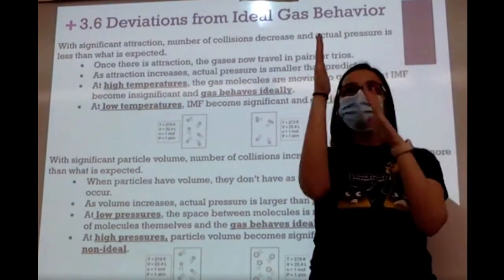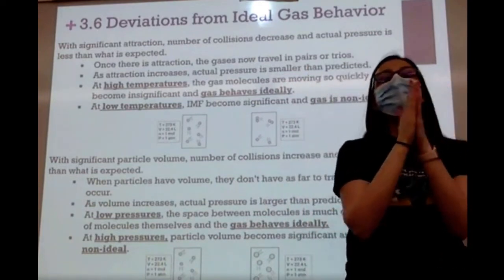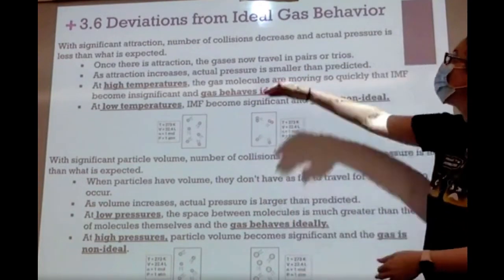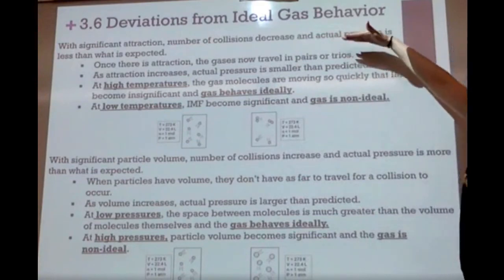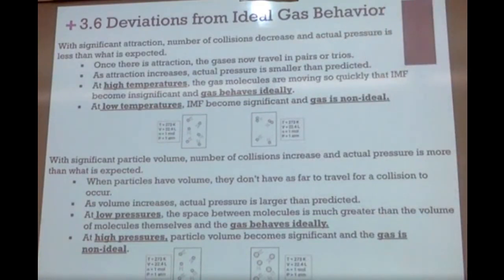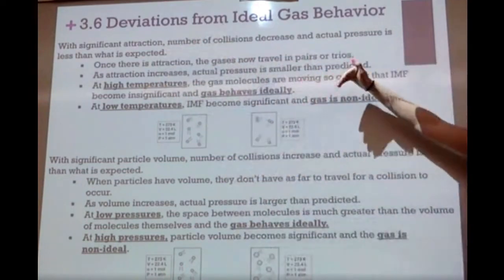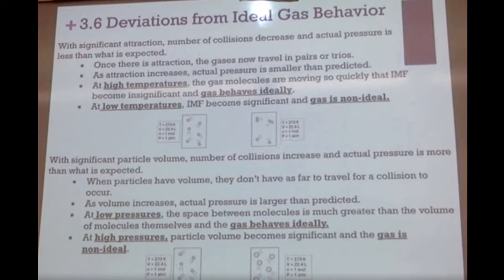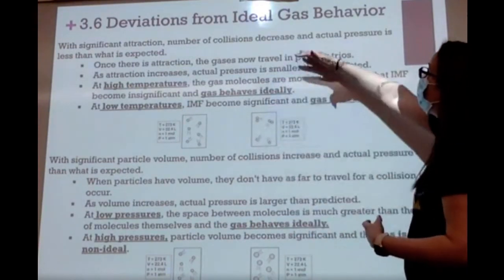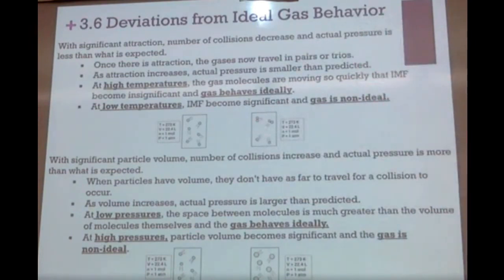So instead of every gas molecule colliding, now you have fewer collisions. Fewer collisions means that pressure is lower than what we expect. If you see a question that says, why was pressure lower than expected? That means you're dealing with a deviation from ideal behavior. If pressure is lower, that's due to attractions.